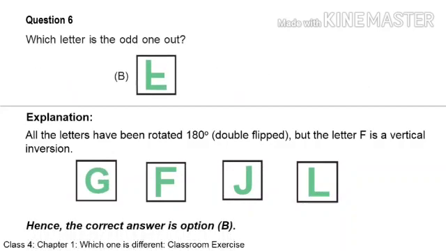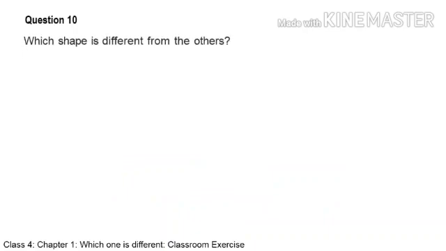Hence, the correct answer is option B. In this question, which shape is different from the others?